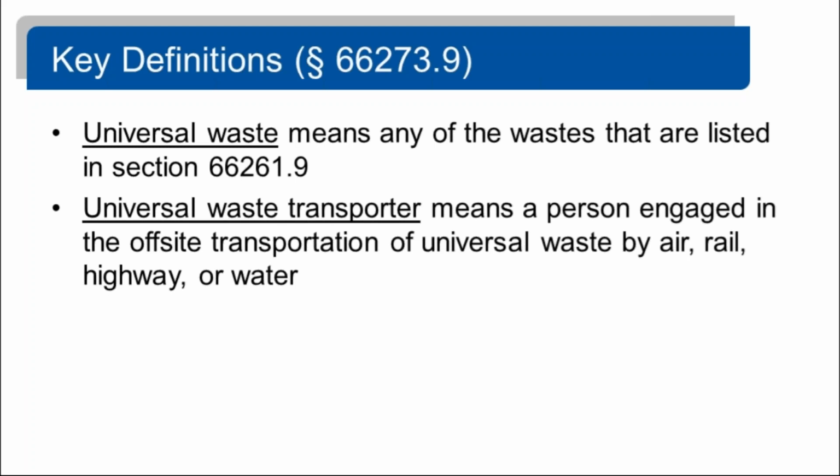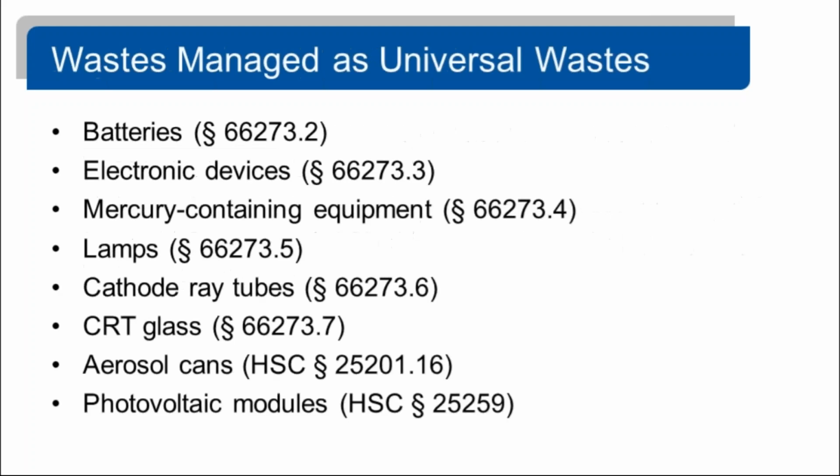So it's important to know what is a universal waste and when are we classified as a producer, when are we classified as a transporter, because some people do self-transport some of these wastes to household hazardous waste facilities, and we'll talk more about that at the end. It's important to know what applies, so defining what we're managing or dealing with, which part of the regulations we're in is important.